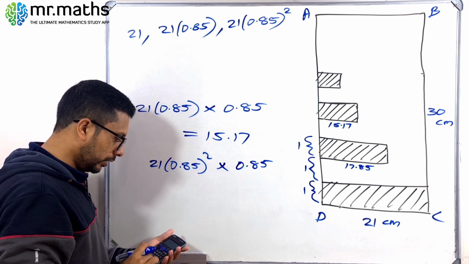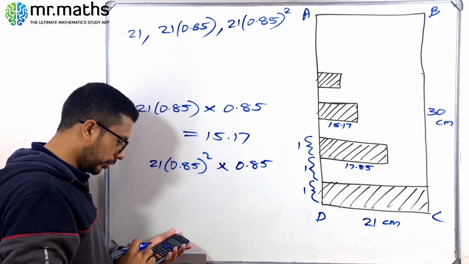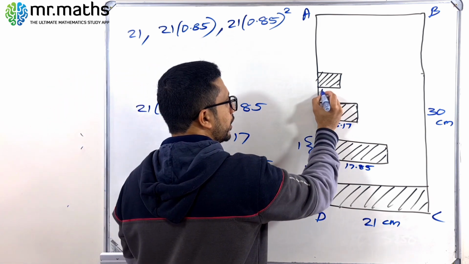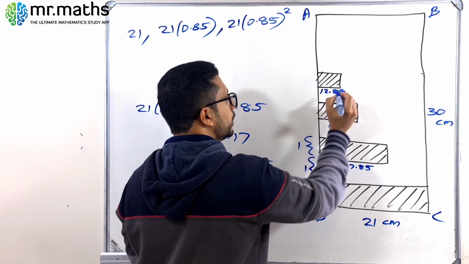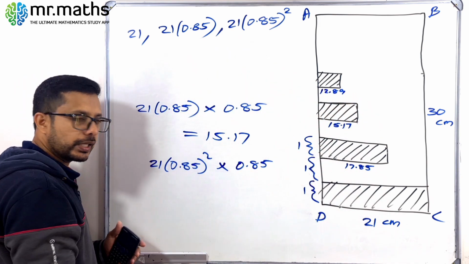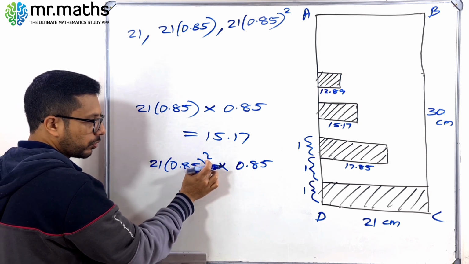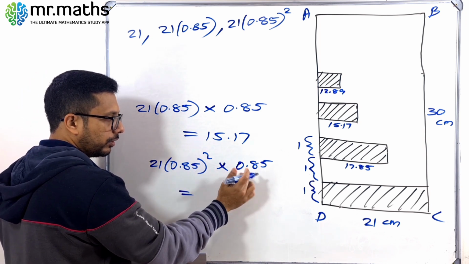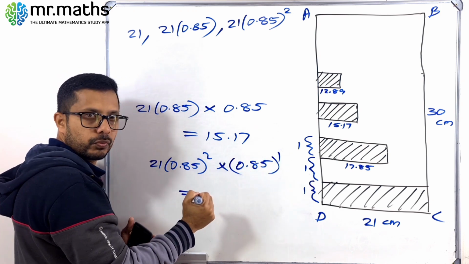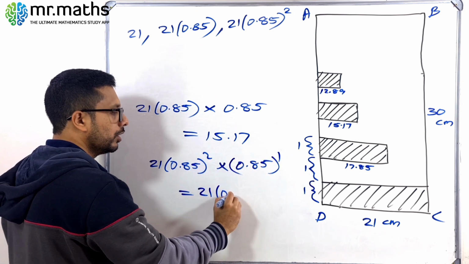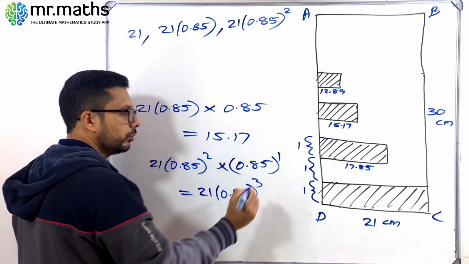The answer is 12.89, but instead of writing that, I know 0.85 squared times 0.85 is 0.85 raised to 2 plus 1, that is 3.